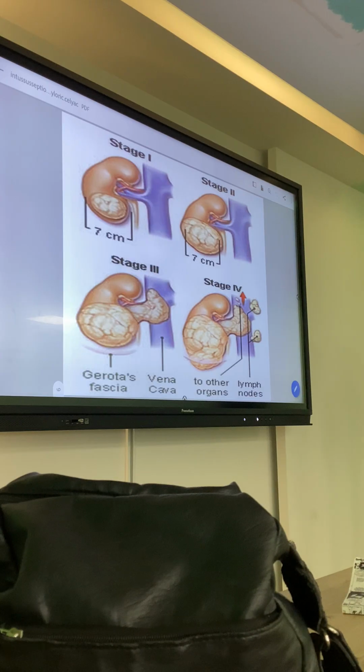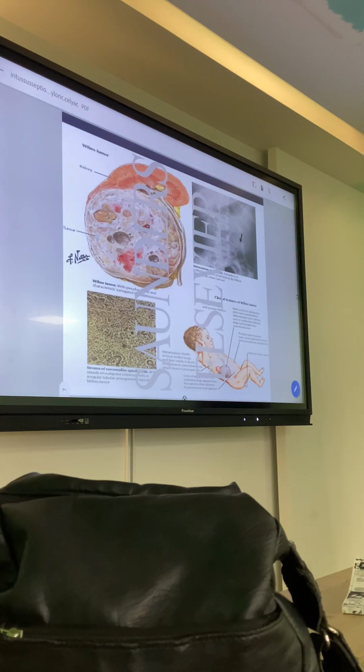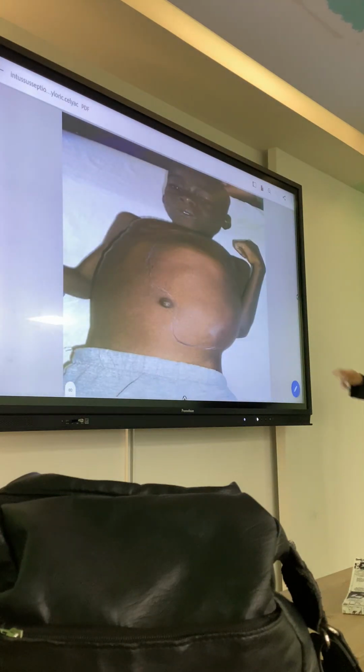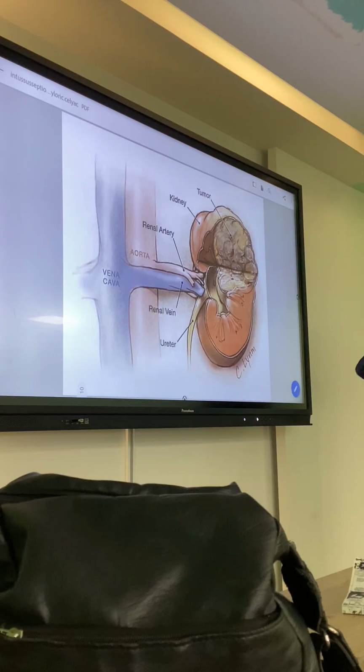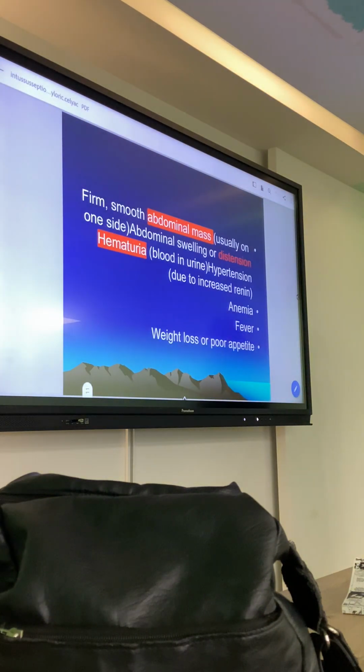Look at the Wilms tumor again, and you have metastases in the lymph node and vena cava. What are the signs and symptoms? What do you think? Smooth abdominal mass. It will affect the adrenal gland.